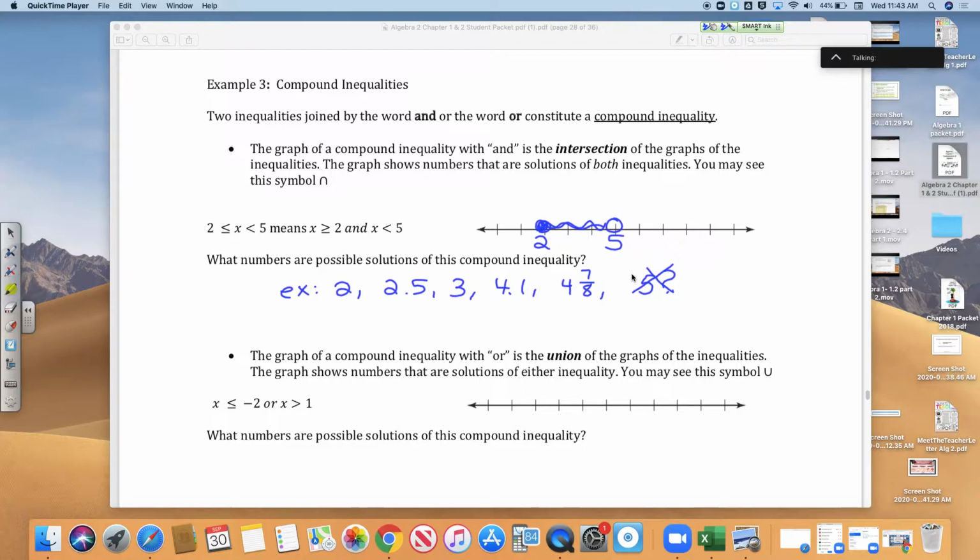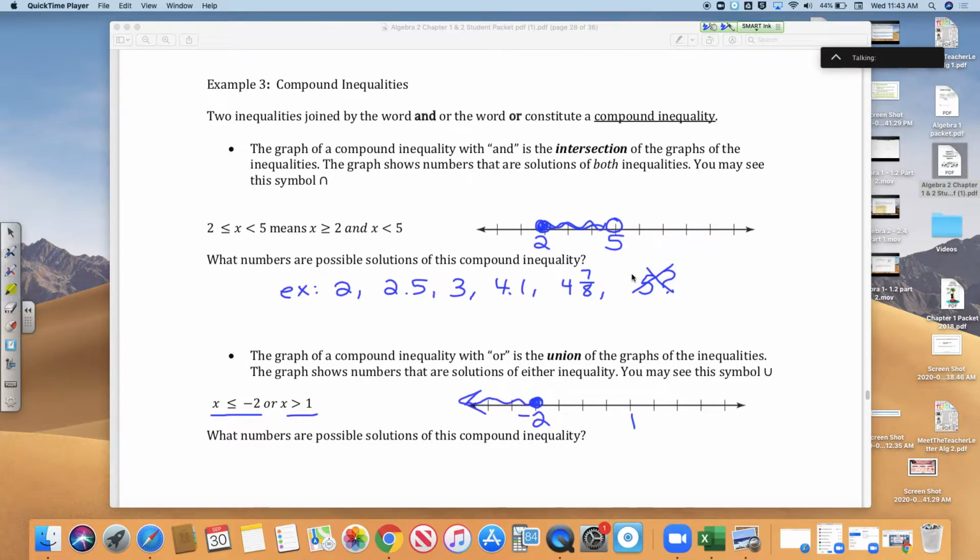The graph of a compound inequality with "or" is the union of the graphs of both of the inequalities. So for example, if we have -2 on here and we have 1 on here as well, then anything less than or equal to -2 would be a closed circle at -2, and the solutions are to the left.